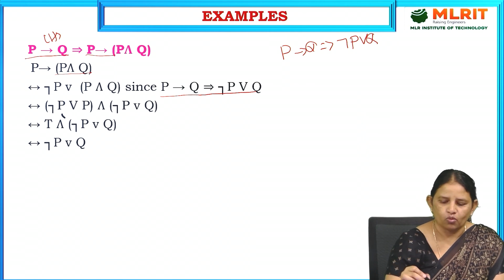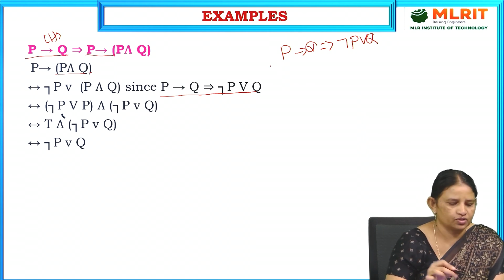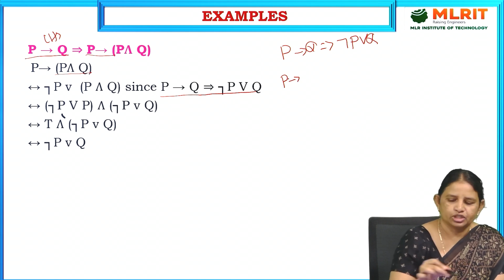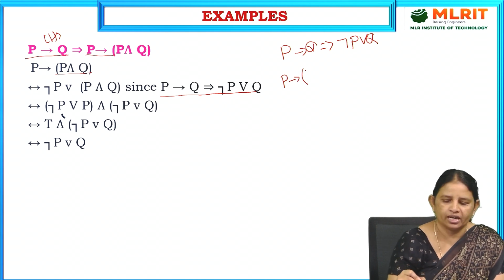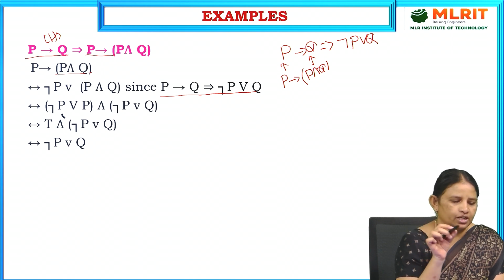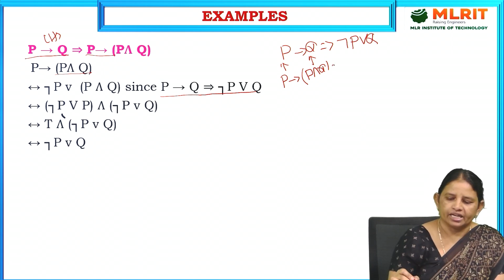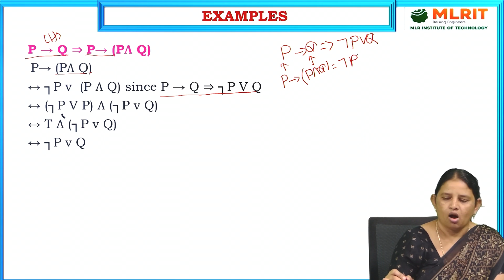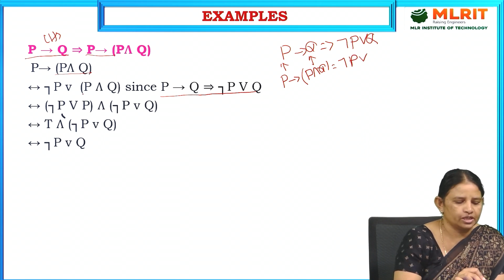Take P in the place of the given statement P only, and Q in the place of P and Q. Consider this as P and this statement as Q. Apply that law, and the given proposition becomes negation P, with P only in the place of P, or P and Q in the place of Q.